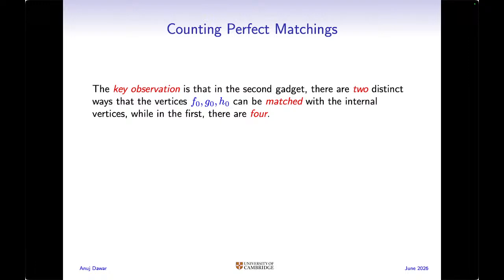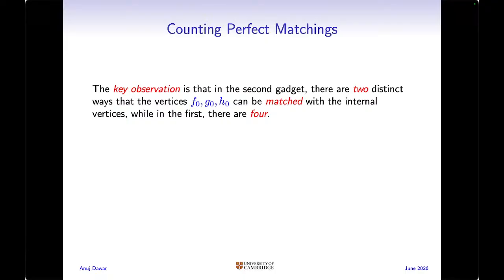If you assume that of the two vertices in each of the three pairs corresponding to the edges, one in each pair is matched outside the gadget, then the number of matchings inside the gadget is different for the odd and the even gadgets.